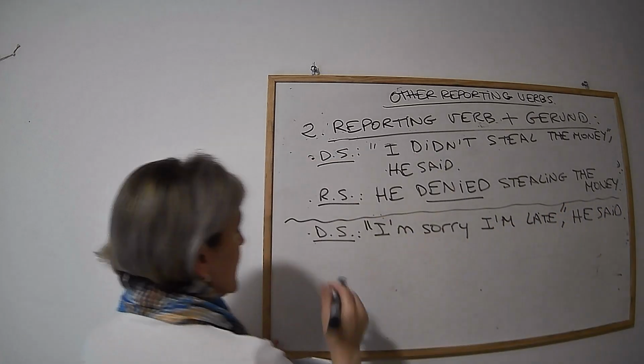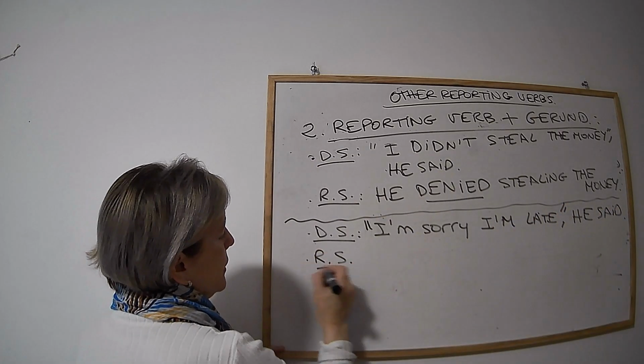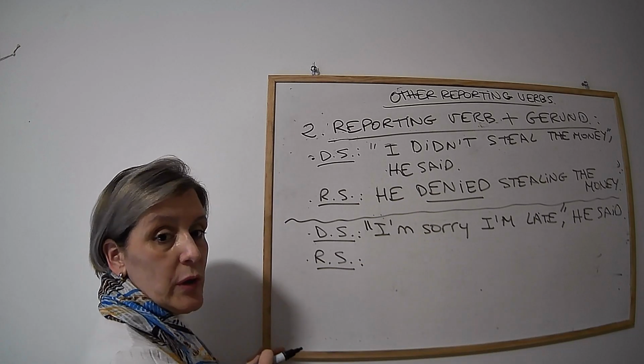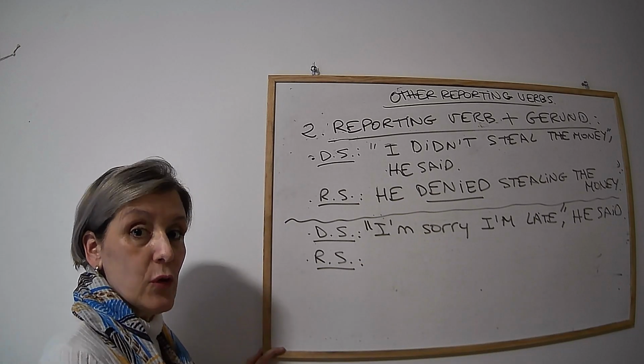In reported speech, ¿qué está haciendo? Se está disculpando. Entonces, he apologized for doing something.